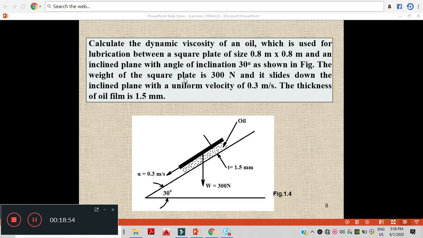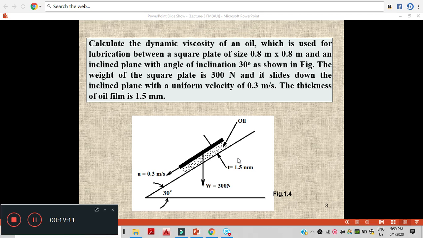The weight of the square plate is 300 Newton and it slides down the inclined plane with a uniform velocity of 0.3 meter per second. The thickness of the oil film is 1.5 mm.